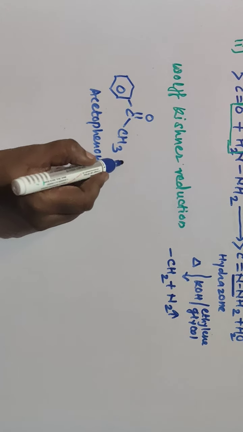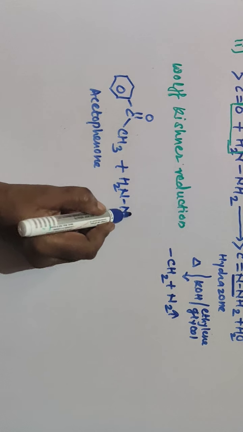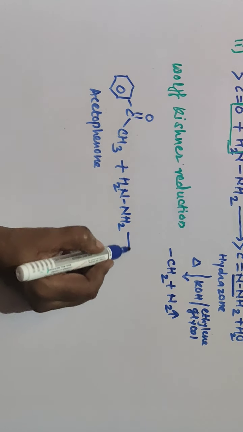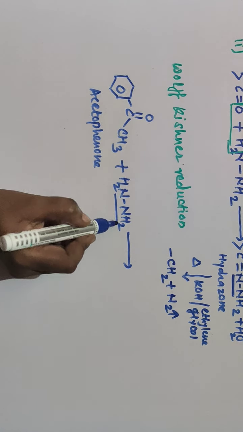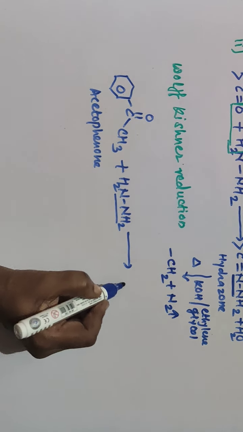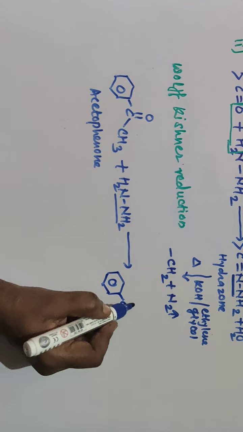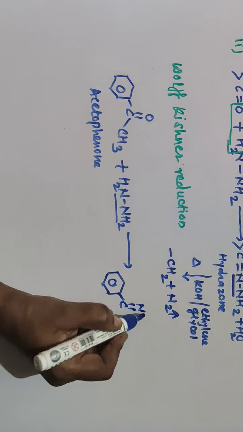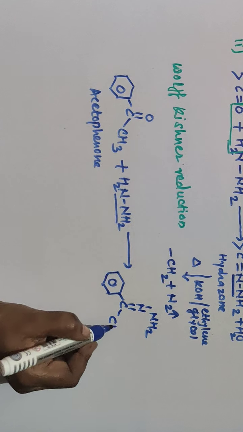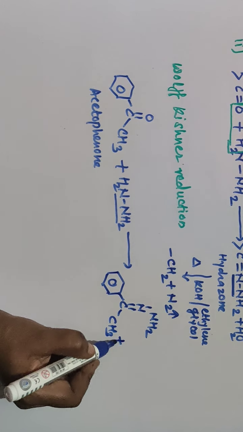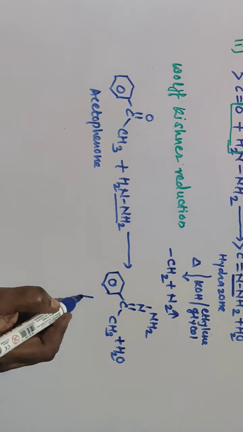So when this acetophenone is treated with hydrazine, NH2NH2, what is formed? This oxygen is replaced by the NH2 group with removal of water molecules. So you will get here C6H5, then C double bond N-NH2, CH3 is already there, plus the water molecule is removed, and this compound is your hydrazone.